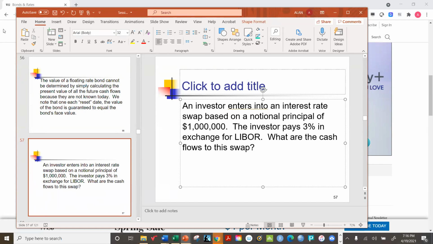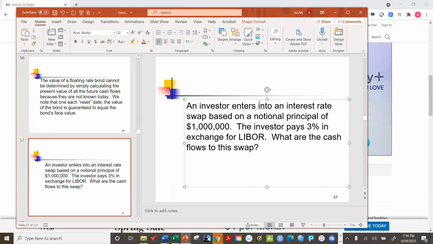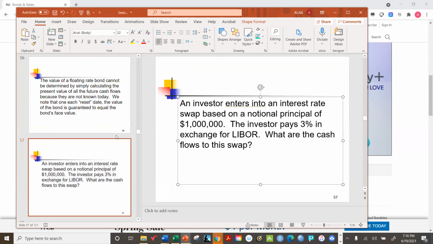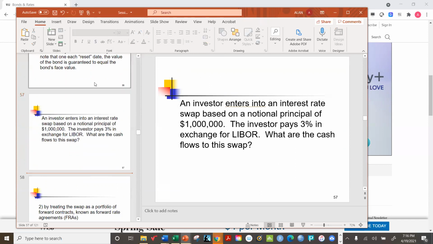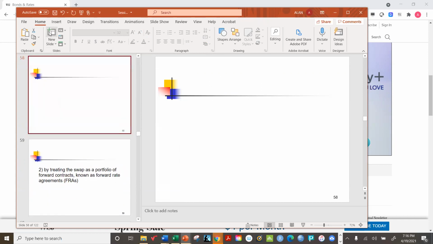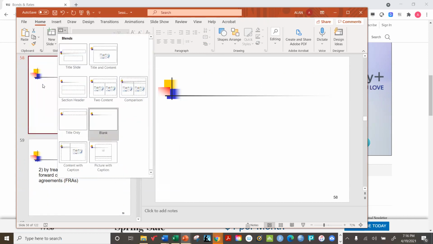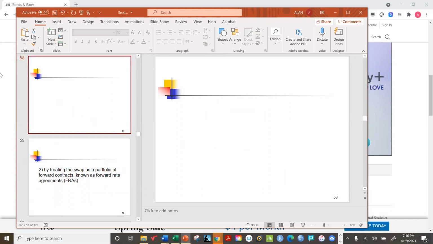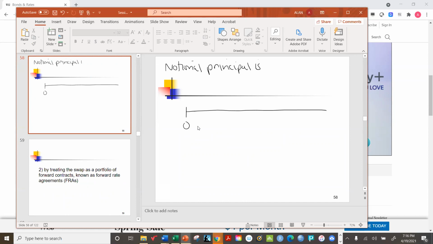All right, so I'm going to do it in 2 different ways. I'm going to show just the net cash flows, and then I'll show you how we can split it up to replicate the cash flows to 2 different bonds. All right, so initially, at time 0, there are no cash flows. The notional principal, as you recall, is not exchanged. So at time 0, there's no cash flows.